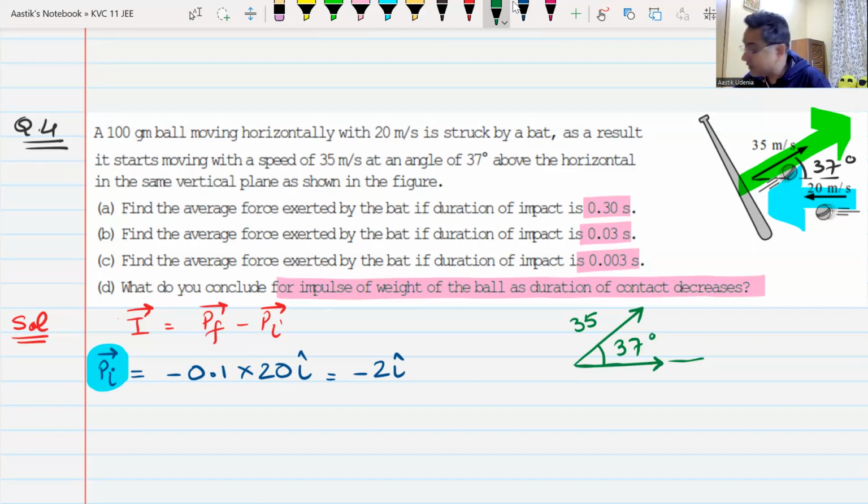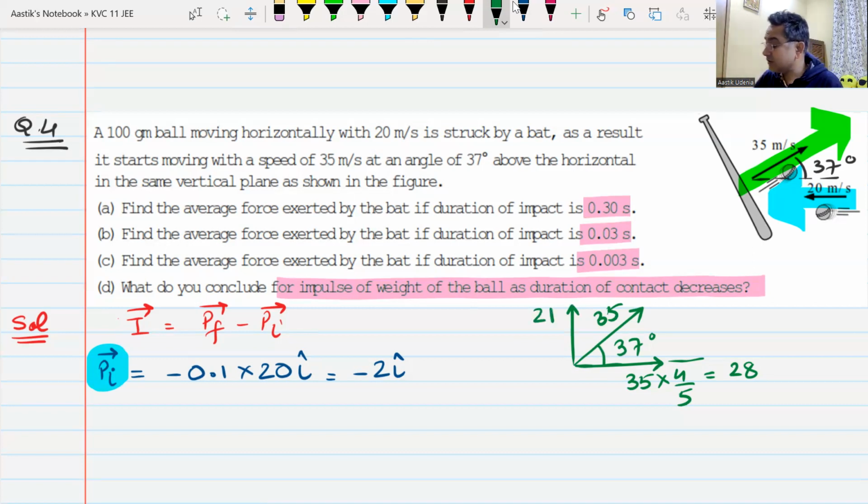The x component will be 35 cos 37, and cos 37 is 4 by 5, so this will become 28 meters per second. The y component of velocity will be 35 sin 37. Sin 37 will be 3 by 5. 35 into 3 by 5 is 21.